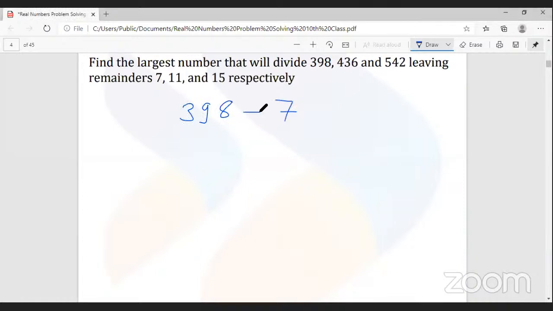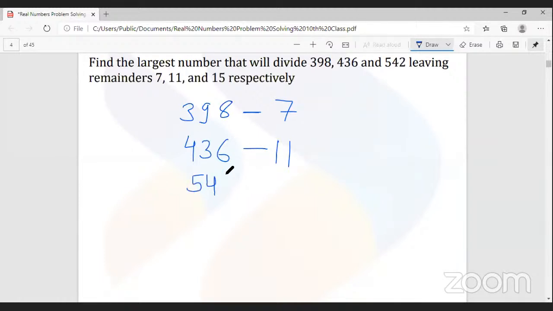So if I subtract 7 from here, the number will divide it perfectly. It will be a factor of this number. Same way, if 436 is divided by that number, it leaves the remainder 11. But if I deduct 11 from this 436, then that number will be a factor.